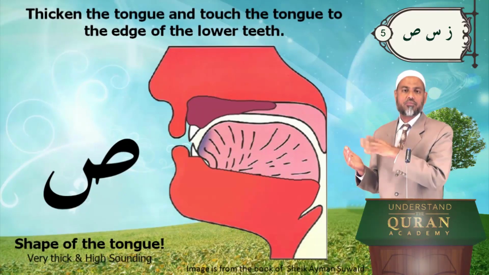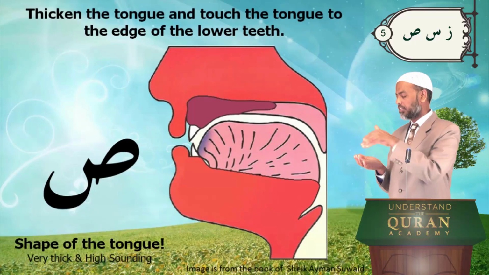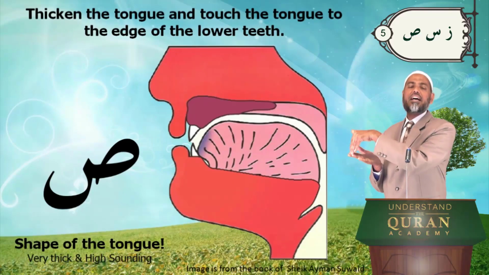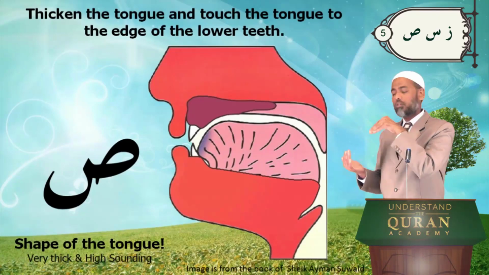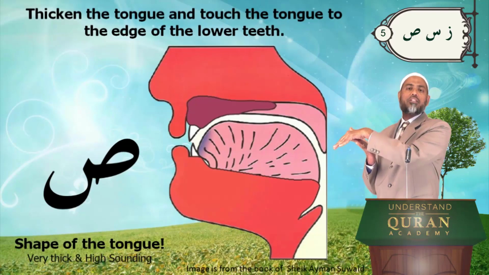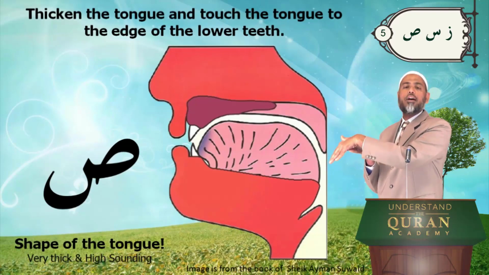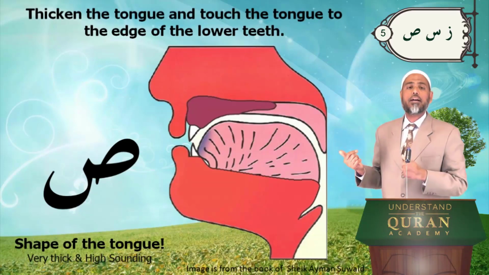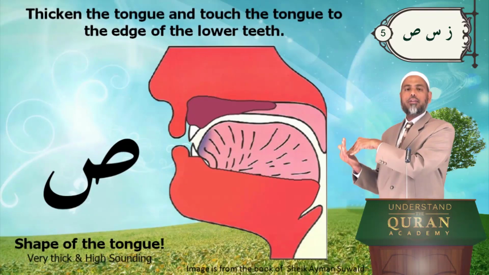They have the same articulation for the three letters, like ma, ba from the lips, tha, dha, za from the tongue tip touching the edge of the upper teeth, ta, da, ta touching the roots of the upper teeth or the upper gums, and za, sa, sa, touching the edge of the lower teeth.